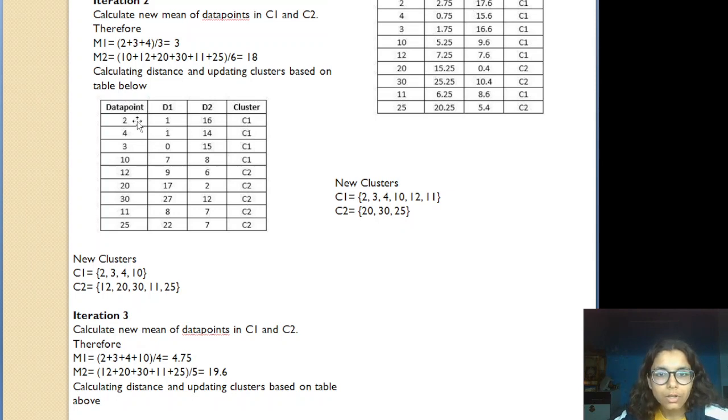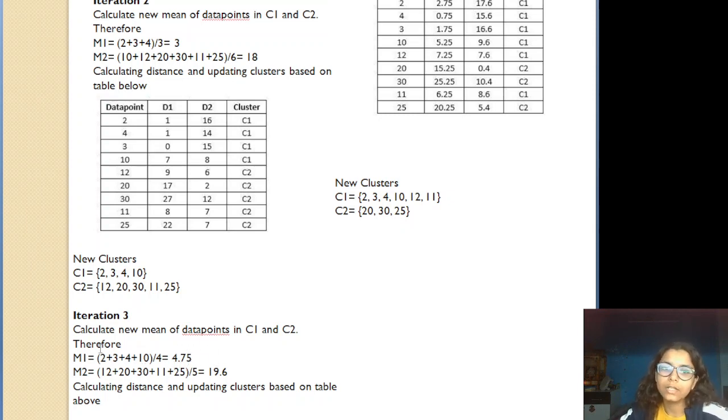Again we did the clustering. We calculated all the distances and updated the clusters accordingly. Now the new clusters are 2, 3, 4, 10 and 12, 20, 30, 11 and 12. For the next iteration we take the mean of 2, 3, 4 and 10, and get the value 4.75.